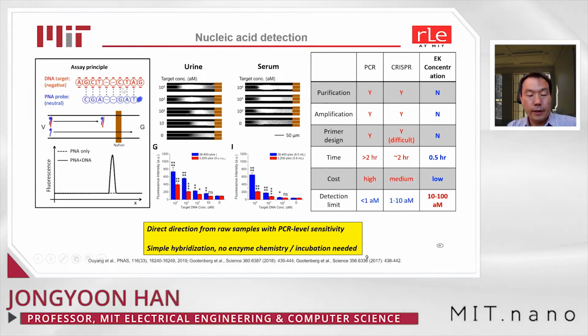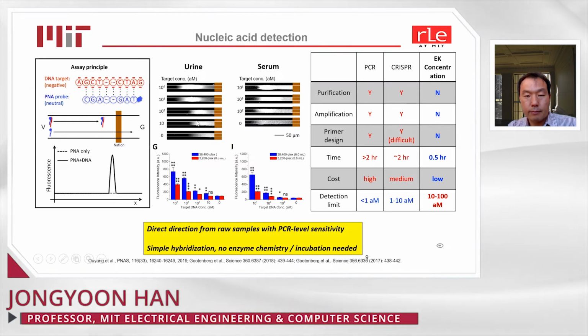Our target molecule is a TB marker DNA, and we simply design a PNA probe, which is a complementary nucleotide molecule, and we label it. If we have the target, we can measure the fluorescent molecule on the sensor. If we don't have the target, we don't see anything.